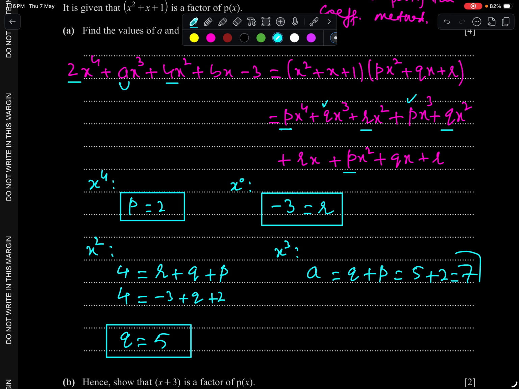So we have got a, it's 7. Now comparing the coefficients of x power 1 on both sides. On the left side we have b, on the right side we have r plus q. So r is minus 3 whereas q is 5. Therefore b is 2.